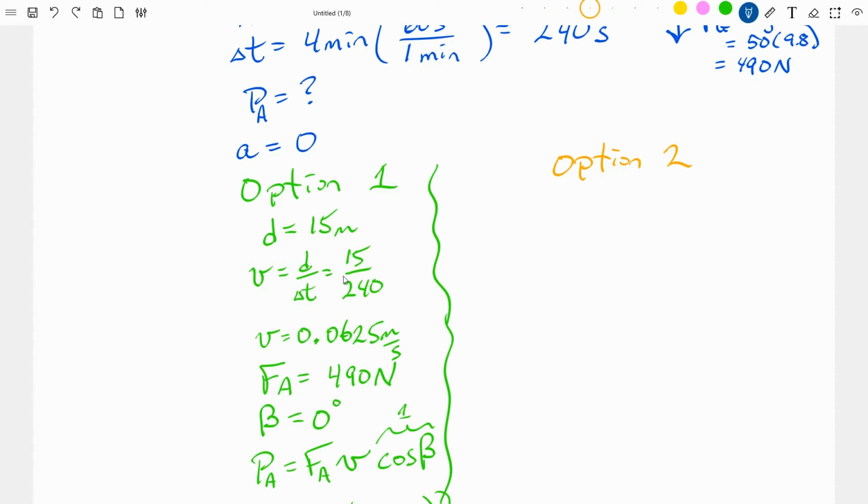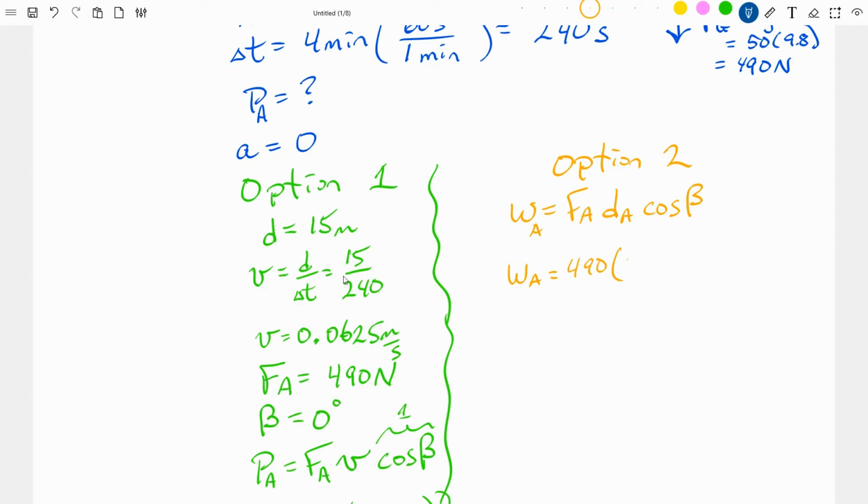All right, the work done by the applied force is equal to the applied force, F applied, times the distance over which it was applied, multiplied by the cosine of that beta angle. The applied force, which I previously worked out to be 490 newtons.